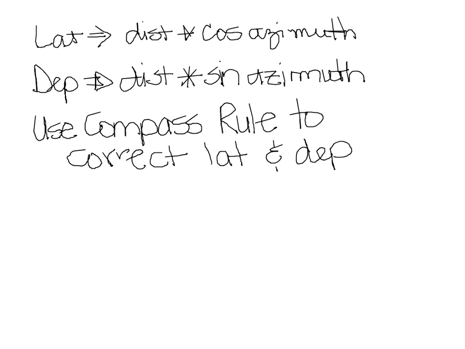And what does the compass rule say? The compass rule basically says that we're going to take our error and distribute it proportional to the size of the segment. So basically you're creating a ratio of the distance of the segment to the total perimeter of the traverse, and then your error will be divvied out accordingly.